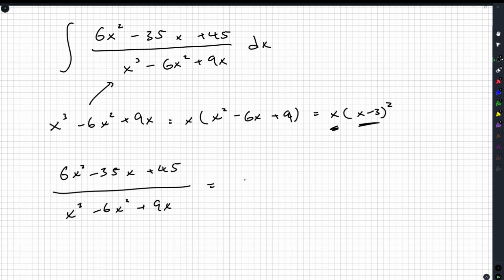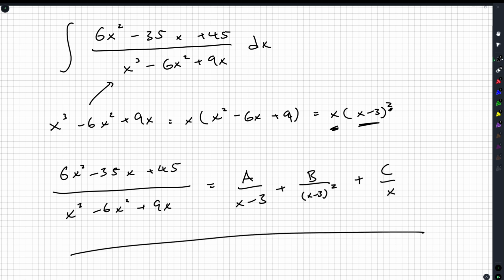Each of the factors gets a constant, but when you have a repeated linear factor, like the x minus 3, you have 2 constants, since you're repeating 2 times: one for just the plain old x minus 3, another for x minus 3 squared. And then there's only one copy of x, so x just gets its own little constant. So we should be able to find constants a, b, and c that make the left-hand side equal to the right-hand side. Now, just looking at this expression here can be a little overwhelming.